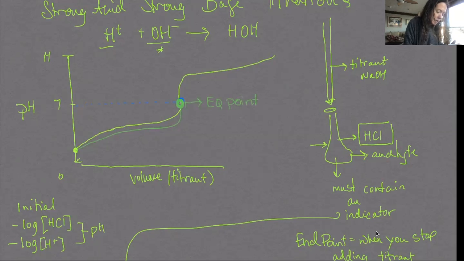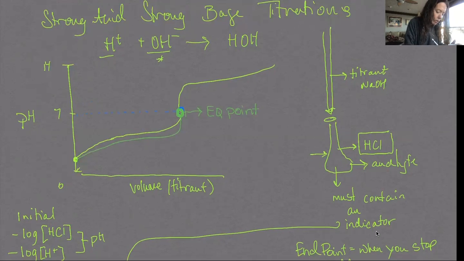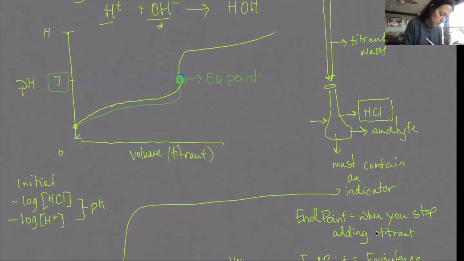And if it is a strong acid, strong base, that will occur at 7, okay? Because we have those weak conjugate acids and bases as the only thing present in the solution. Okay, so that's it.